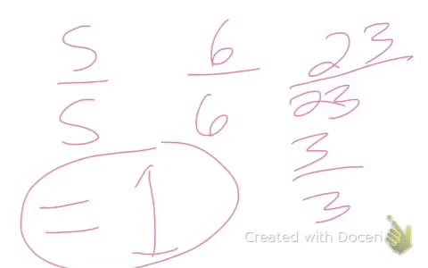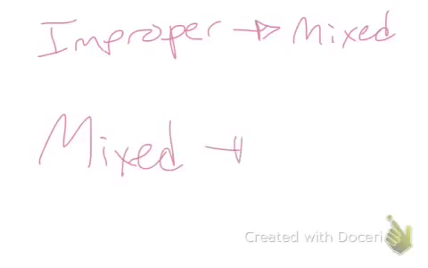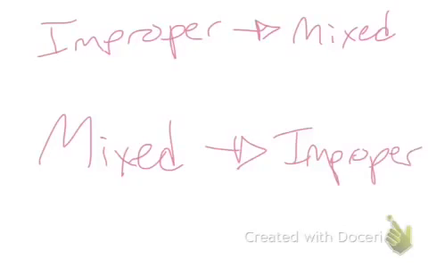What I'm going to show you next is how to switch from an improper fraction to a mixed number, and then I'm going to show you how to go from mixed to improper. So let's first look at how to turn an improper fraction into a mixed number.